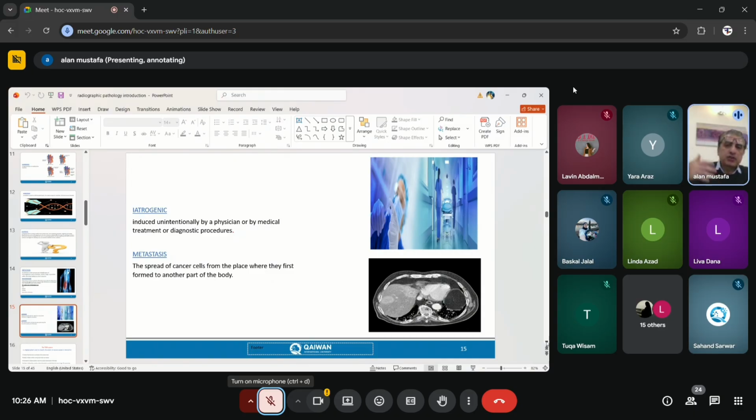The cancer goes from its original place to a distant place and spreads. This spread is called metastasis. So the spread of cancer from its original place to a distant place in the human body we call metastasis. And this is the reason why cancer patients die.